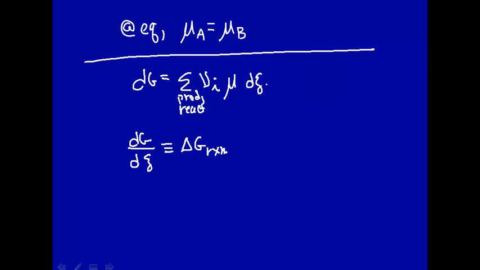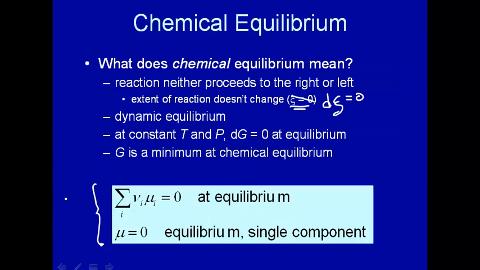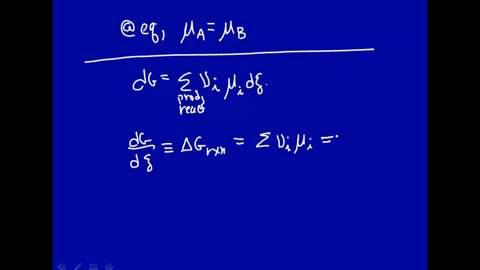That's the delta G that we learned about in introductory chemistry. That's equal to just the sum of the signed stoichiometric coefficient times the chemical potential of that particular species. Ξ, remember, doesn't depend on whether you measure reactant or product, so we just pull that over there as a constant. And as we said, that's what we have here at equilibrium. So that's equal to 0 at equilibrium.